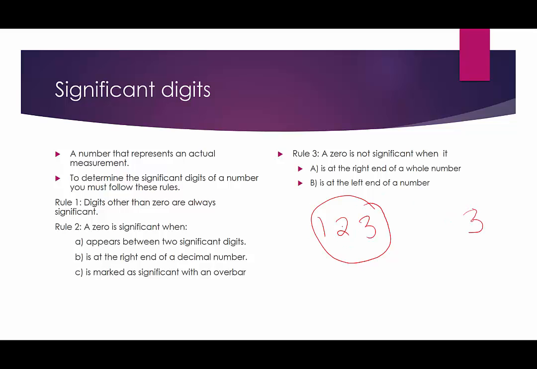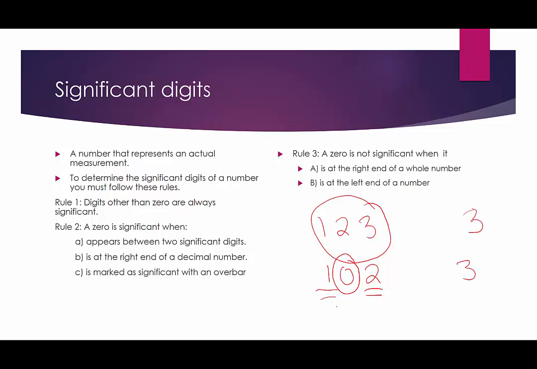Rule 2: A 0 is significant when it appears between 2 significant digits, is at the right end of a decimal number, or is marked as significant with an overbar. So for example, if I wrote 102, how many significant digits is this? Well, this is significant, and this is significant, so therefore the 0 in the middle of it is also, so that's 3.